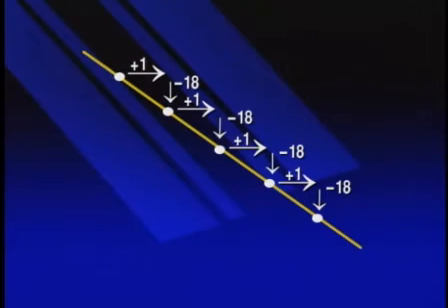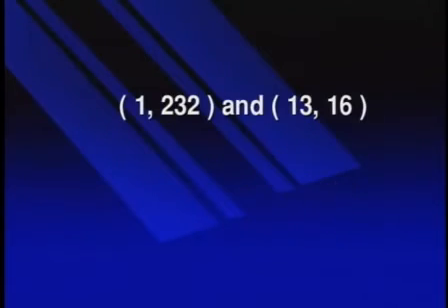If we wish to calculate the slope of this line, we can take any 2 points. If they are consecutive, the slope would be negative 18 over 1, which is negative 18. But if you'd like to check and make sure, take any 2 points. For example, the point 1, 232 and the point 13, 16.